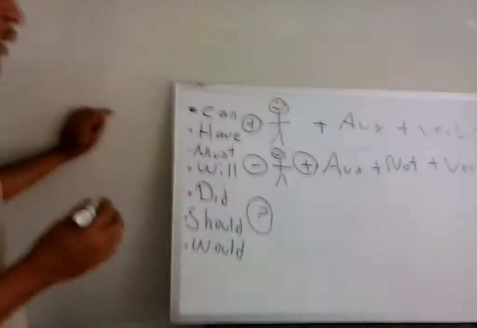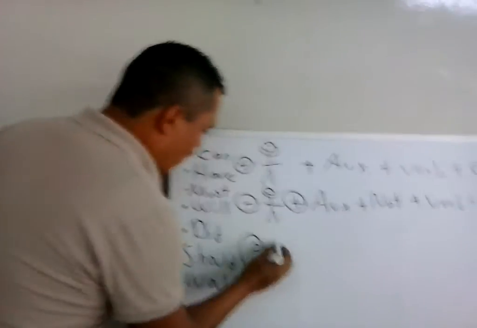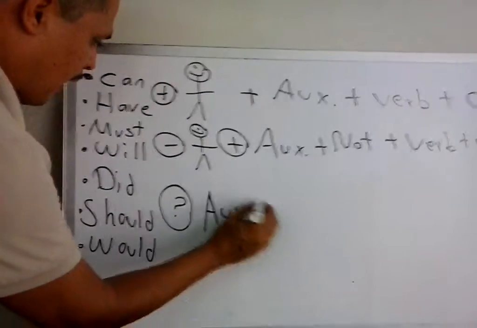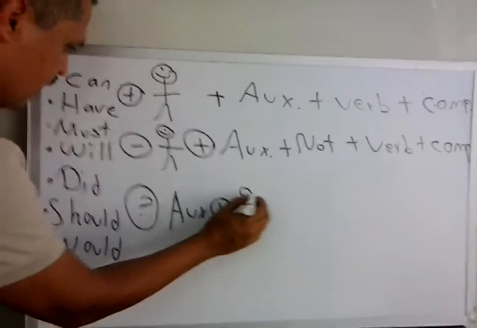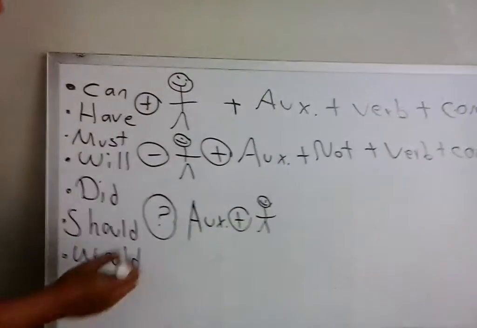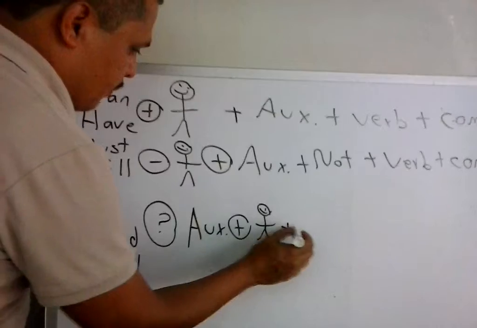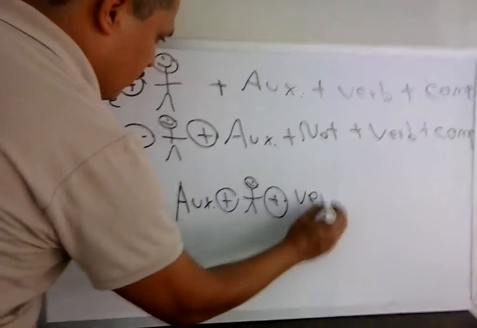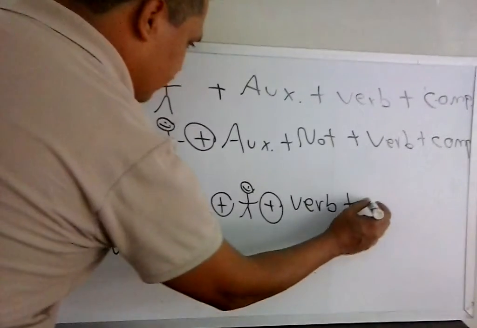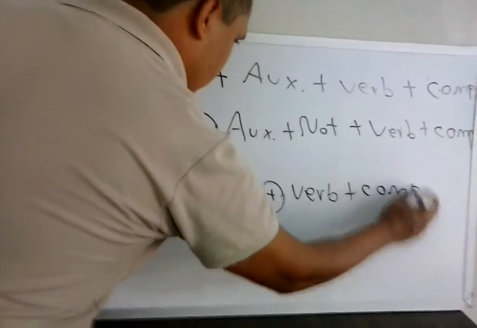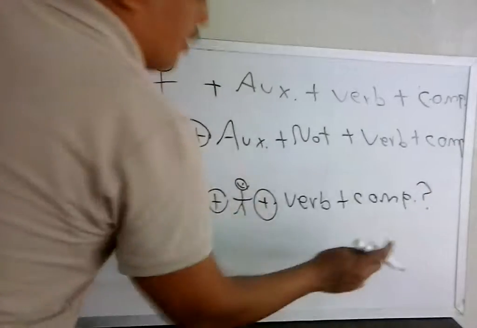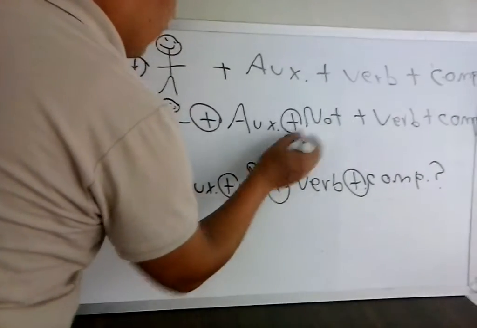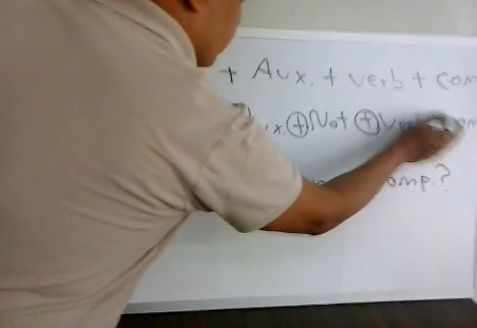The question form is easy too. We have the auxiliary plus subject or pronoun, then the verb that is in base form, plus complement, and finally our question mark. I think it's not complicated for us.